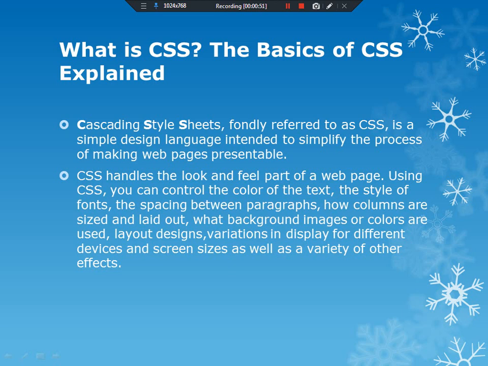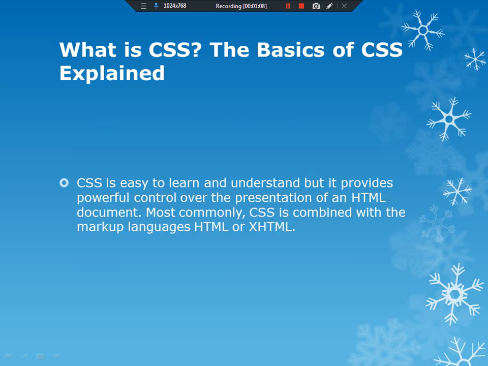Using CSS, you can control the color of the text, the style of fonts, the spacing between paragraphs, how columns are sized and laid out, what background images or colors are used, layout designs, variations in display for different devices and screen sizes, as well as a variety of other effects. CSS is easy to learn and understand, but it provides powerful control over the presentation of an HTML document. Most commonly, CSS is combined with the markup languages HTML or XHTML.